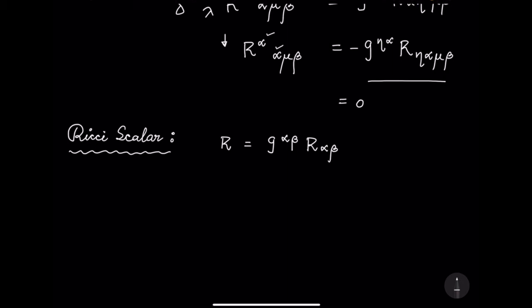And you can imagine that I can write this as g^{alpha beta} and R^{eta}_{alpha mu beta}, and g^{eta mu}.